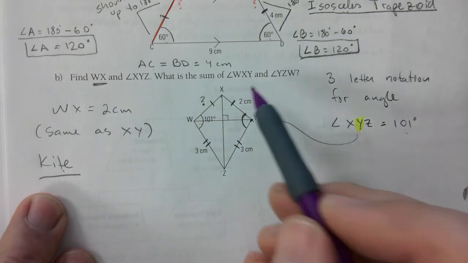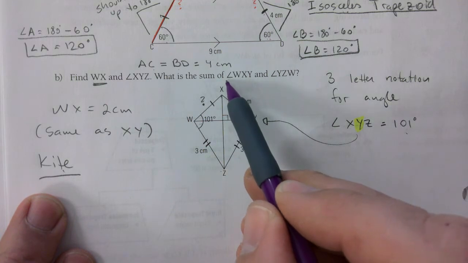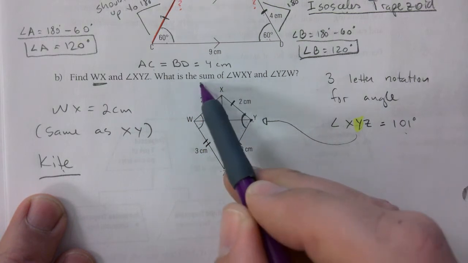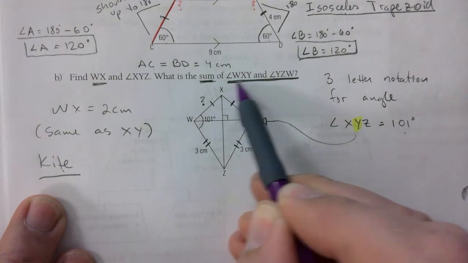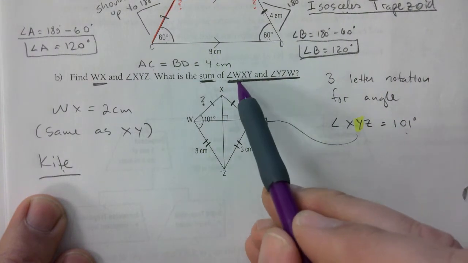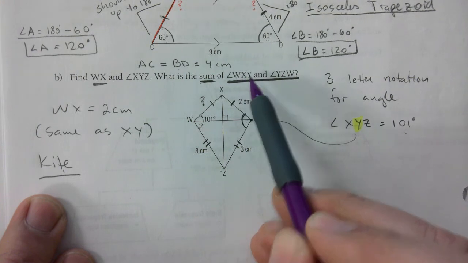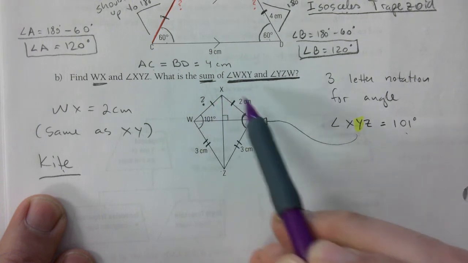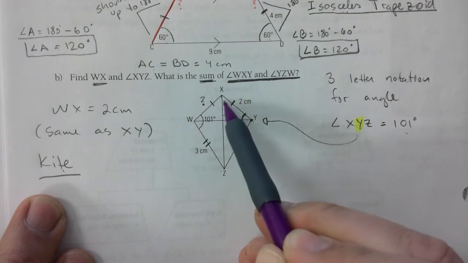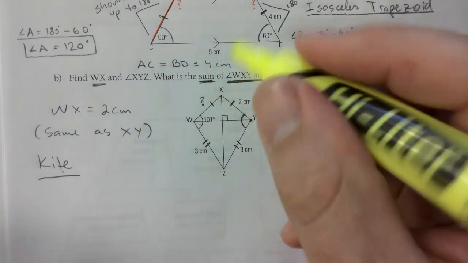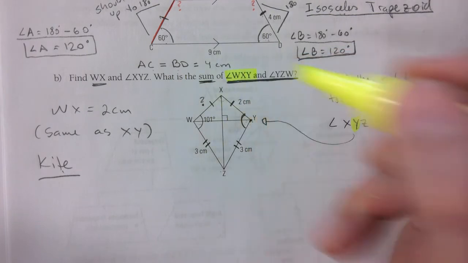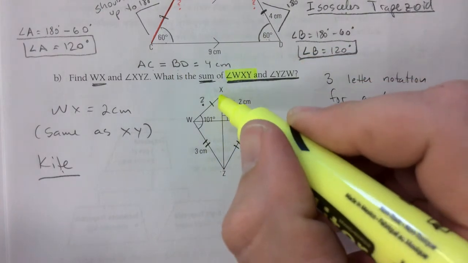Okay, and this is where it gets complicated. What's the sum of these two? Let's see what they mean. WXY. WXY, that's this one up here. Maybe I'll use a highlighter. This angle, they're talking about this one up here.